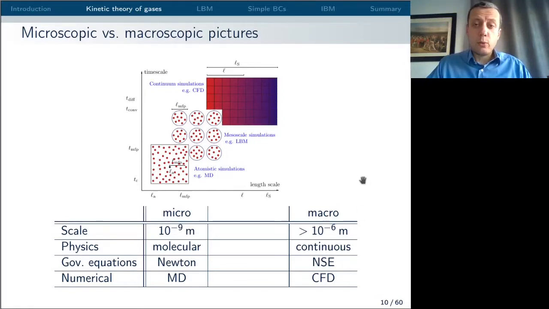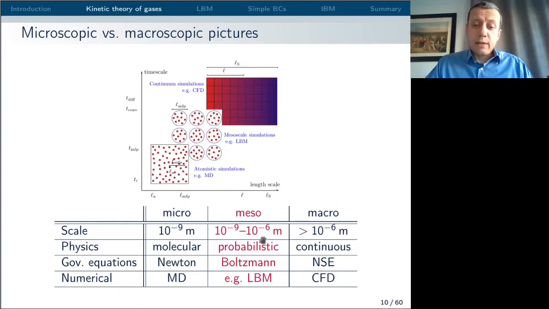This means you will not be able to distinguish atoms, and you are not really interested in what single atoms are doing. In this case, the governing equations are the Navier-Stokes equations, and you would use some kind of CFD, computational fluid dynamics.